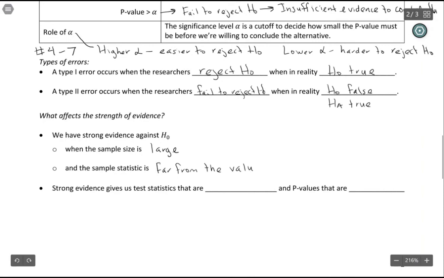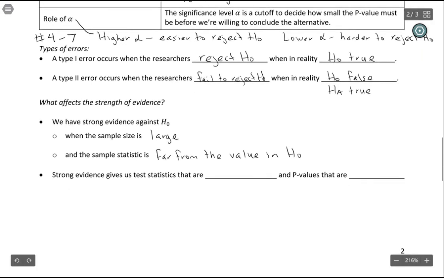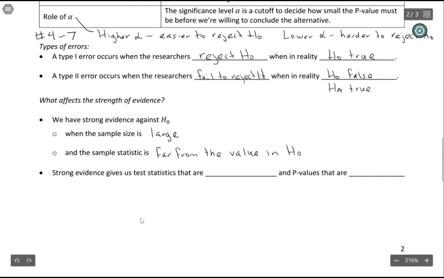Remember, when we talk about strength of evidence, we're always talking about evidence against the null and for the alternative. So the further away from the null hypothesis you are, the stronger your evidence. And then you can translate that to test statistics and p-values. So strong evidence is going to give us test statistics that are far from 0 and p-values that are close to 0.